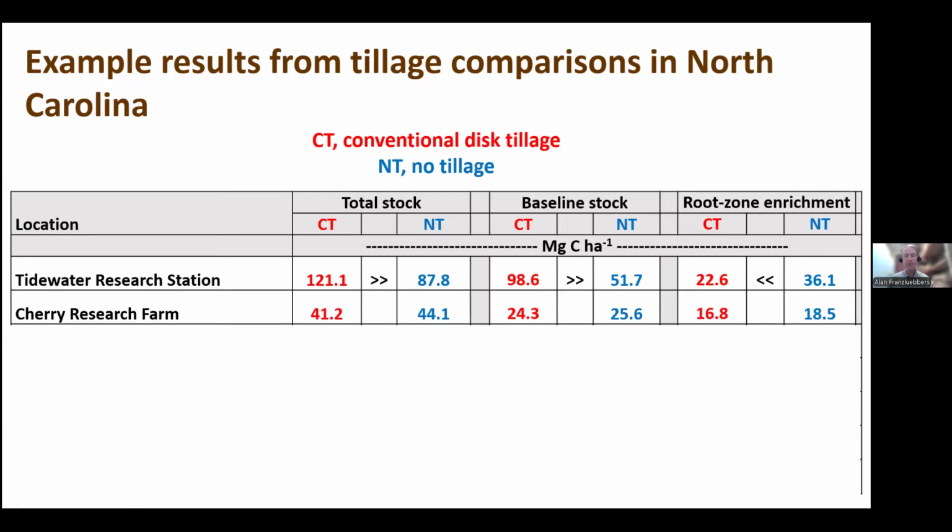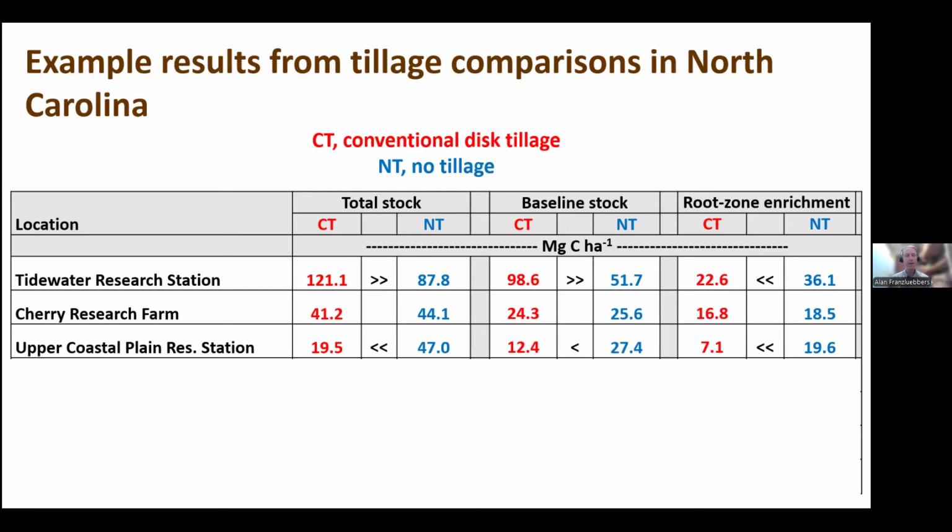We go to another research station and we see that there's really no difference between conventional and no tillage, and the baseline stock is no different. So the root zone enrichment is no different, and that can be a logical outcome. It's not a problem. We go to the upper coastal plain research station.